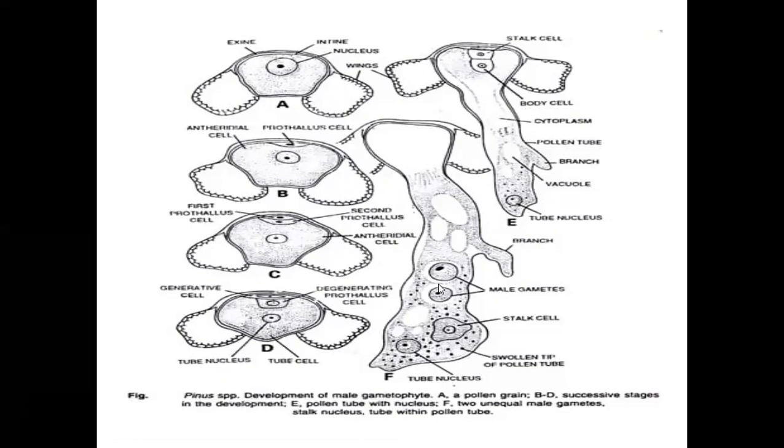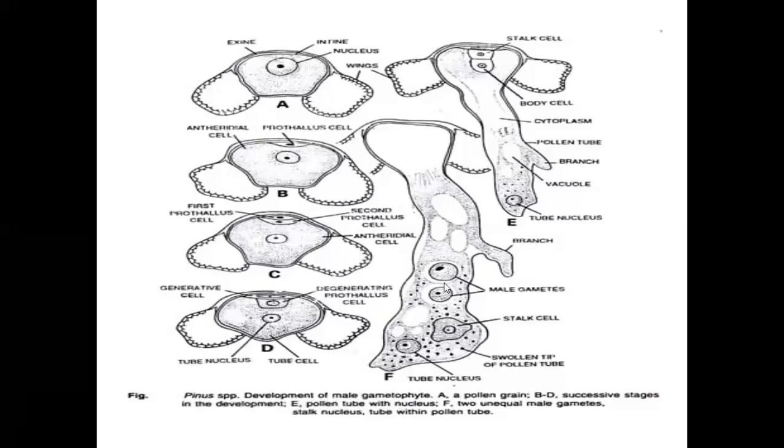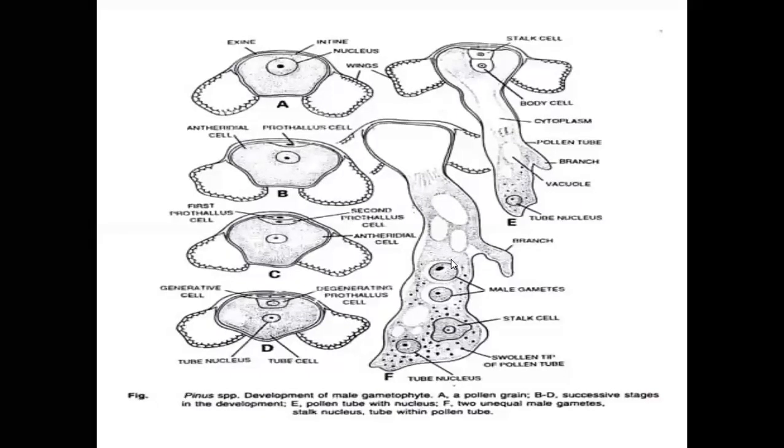At the same time, the tube cell produces the pollen tube. On the terminal part of the pollen tube, finally, two unequal male gametes are present. These two unequal male gametes fuse with the female gametophyte or female gametes to form zygotes. See children, up to here it is the development of the male gametophyte.